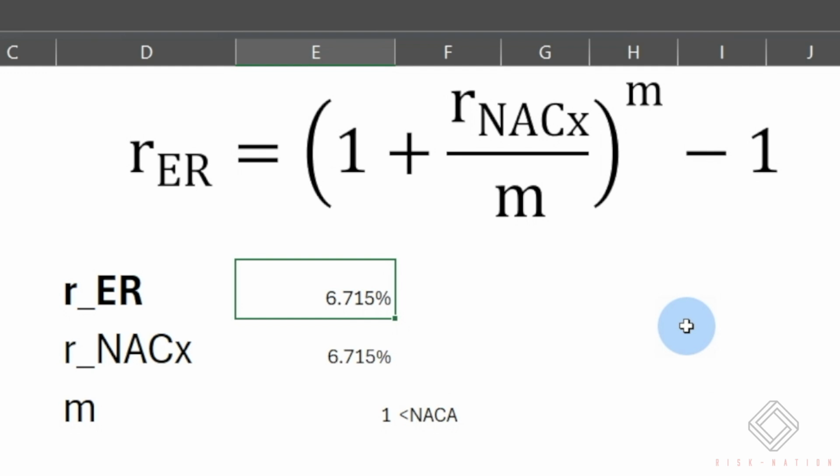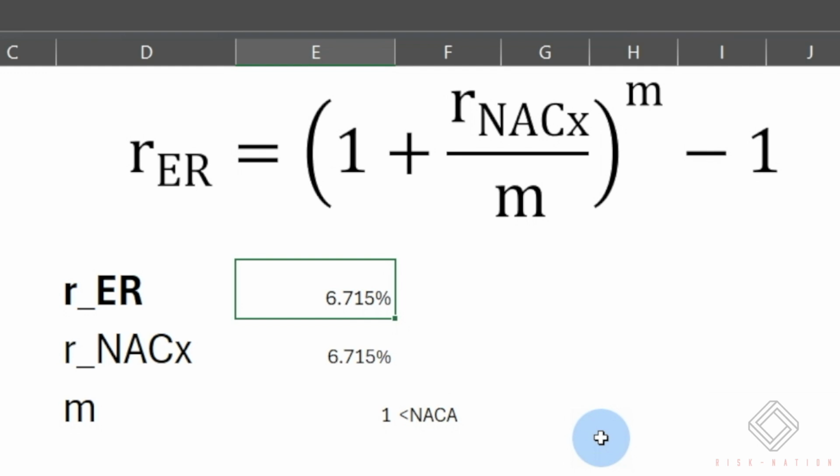So when you have a NACA rate, you can imagine an A there where the X is, then our effective rate will be equivalent to the 6.715%. So there's nothing really in this calculation, but it illustrates an important fact: one of our observations concerning an effective rate, we are able to demonstrate mathematically that it is indeed the case.